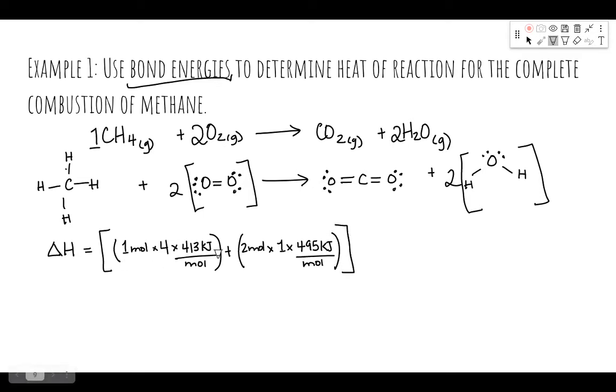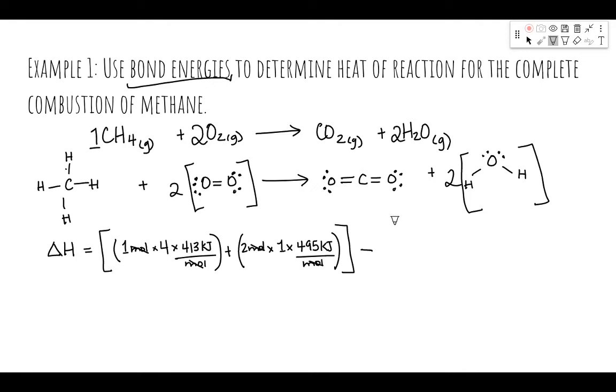And you can see that because I've accounted for my coefficients, my units of the moles can cancel out. So now I've looked at the total energy of the bonds broken.